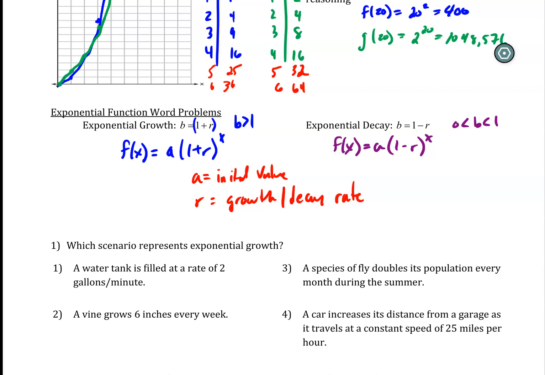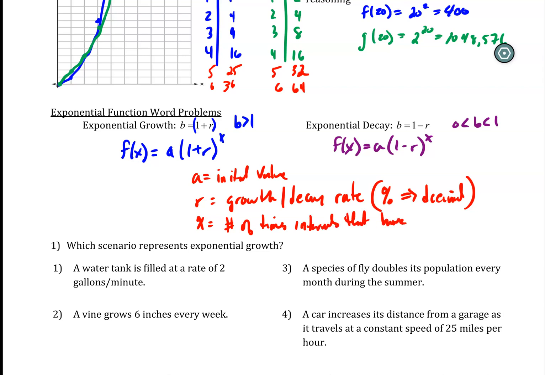Typically that is given to you as a percent, so you have to convert the percent to a decimal. And lastly, we have our x, which is the number of time intervals that have passed.